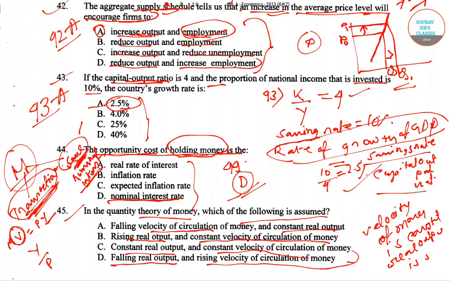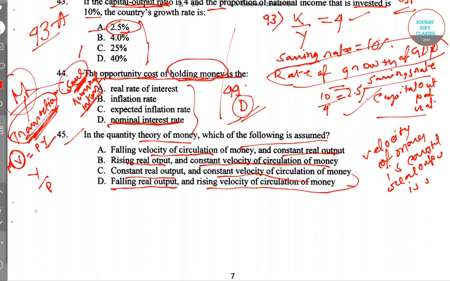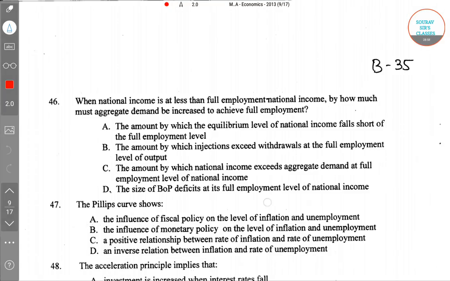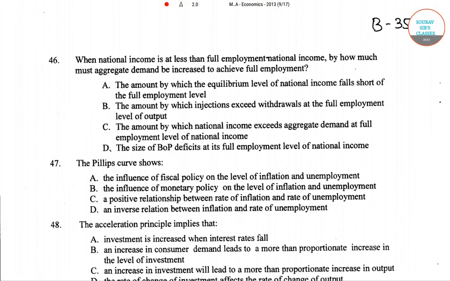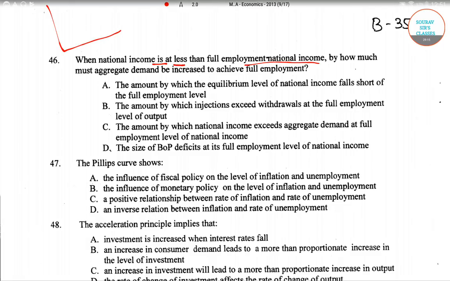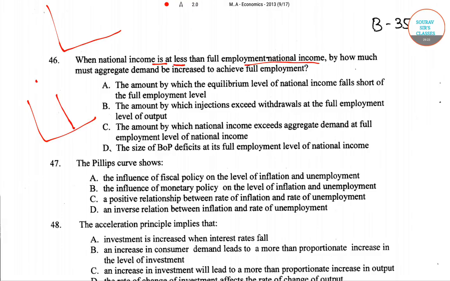Now we'll go straight to the next question, which is question number 46. In question number 46, it is given: when national income is less than full employment national income, say for example, this is the full employment national income, say Y bar, but now national income is less than full employment.